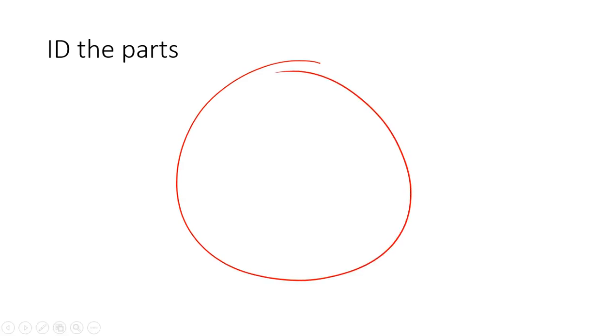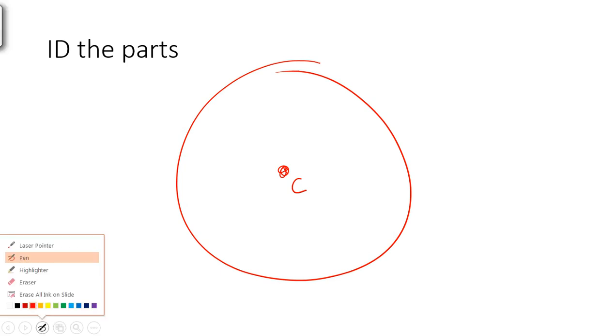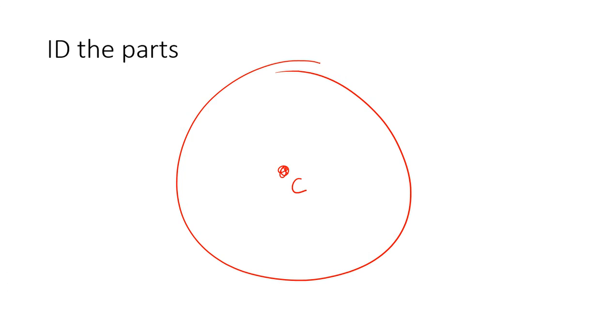So let's say we have this circle, and then we have this middle point right here. This middle point I'm denoting as C. That is your center. Now, in orange, if I go from the center to one point on the line, that is a radius.